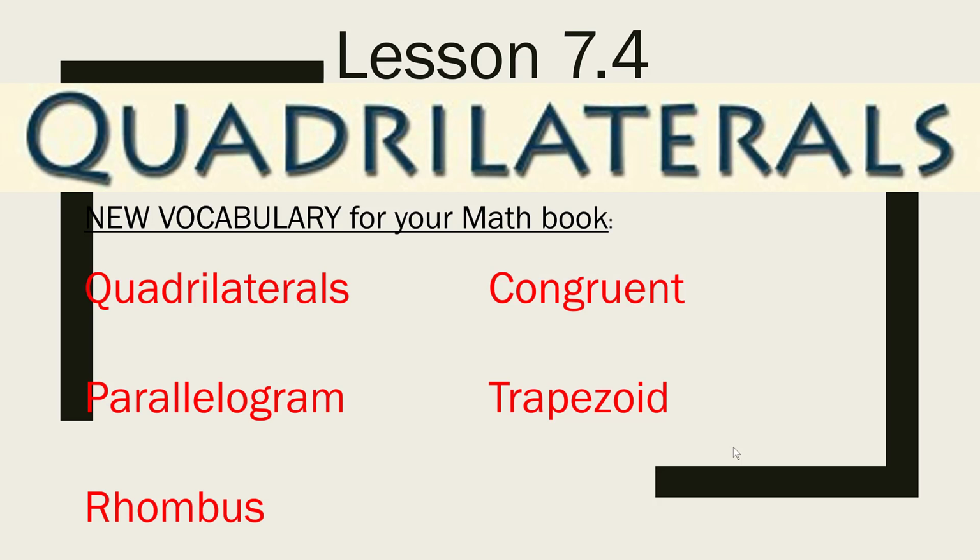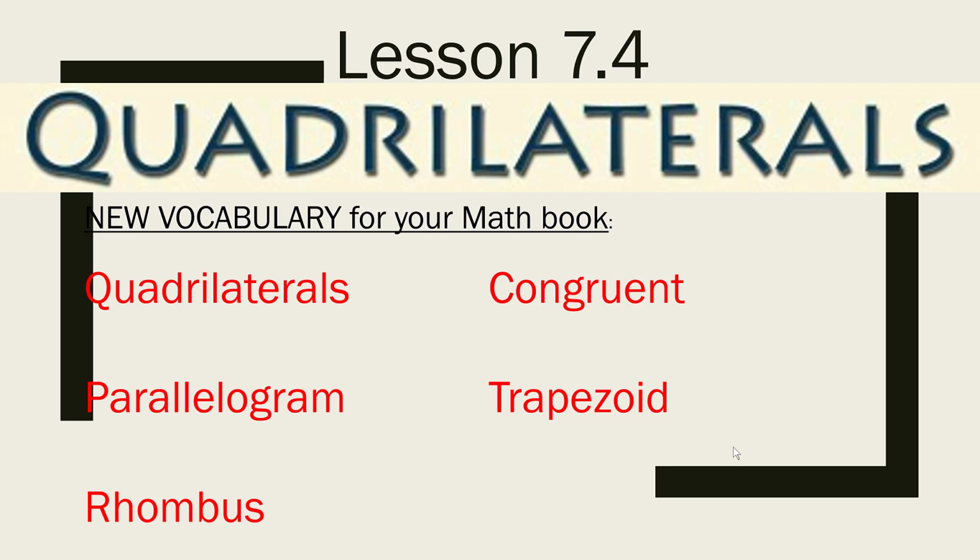Parallelogram. A parallelogram is a quadrilateral that has 2 sets of parallel lines, but no perpendicular lines. And I know that sounds kind of weird. We're going to have a slide about parallelograms, and I'll explain them a little bit more. A trapezoid is a quadrilateral that has one set of parallel lines and no perpendicular lines.